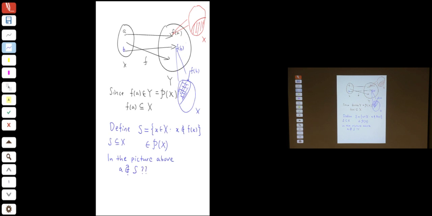So where's A? A is here, so A probably is there, right? Because my black circle is X, and then this red circle is supposedly a duplication of capital X. So A is somewhere there. Now from this particular picture, A is not inside f(A), because f(A), if you blow up, takes a region which is the shading. So A is not in f(A) in this picture, right?